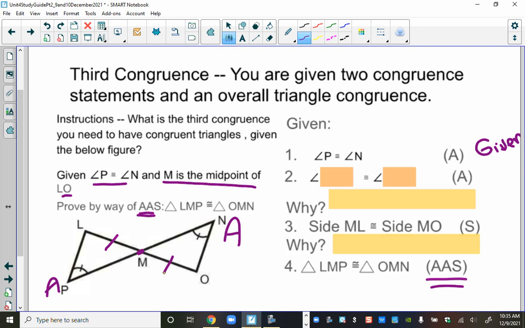So a very important note: LM and MO, or ML and MO, are going to be congruent. That's because a midpoint bisects. That's going to be a segment bisector. And this is why we talked about midpoint at the beginning of the year.